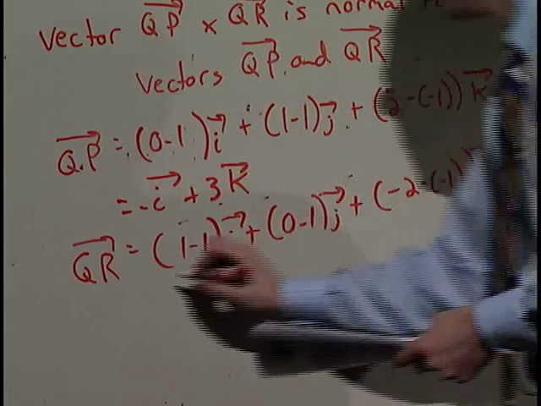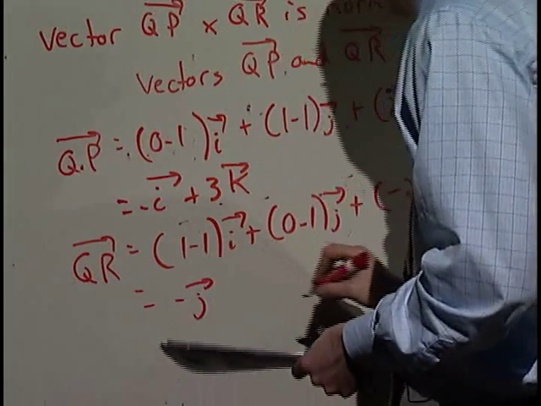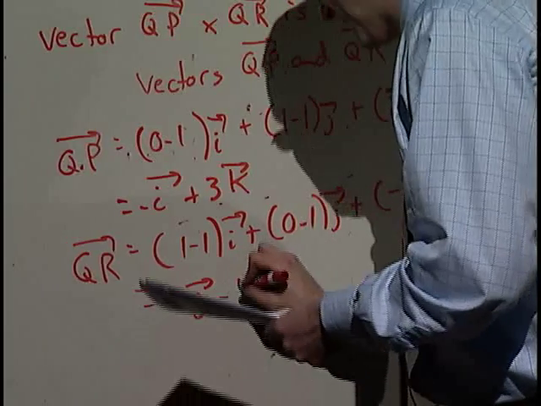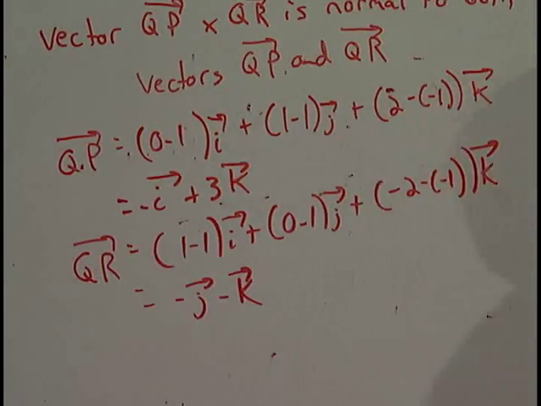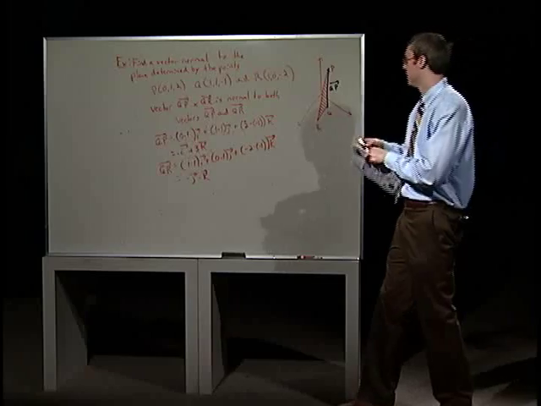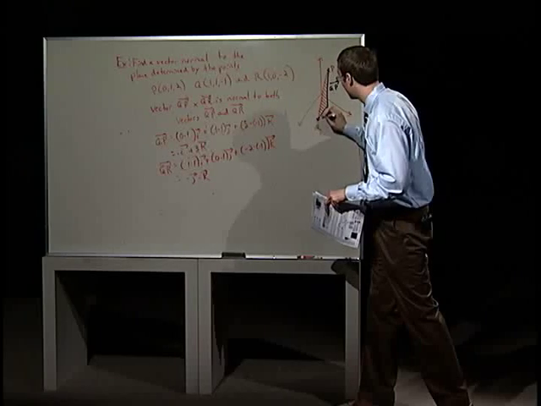Yeah, that's right. And so that gives us 0i and negative j and minus k. So there's your vector QR. You can put that over here, and this is QR.